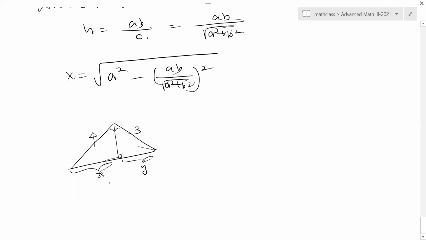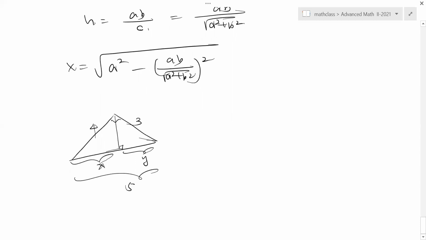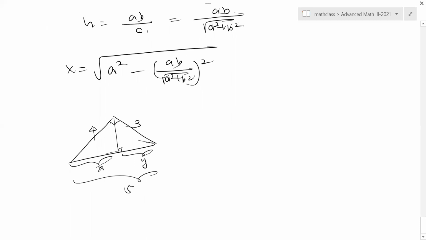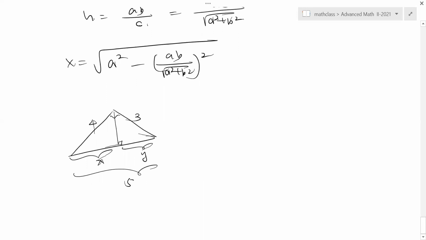So this side is 5 by the Pythagorean theorem, and then you use the area formula, right? The area is going to be half of 3 times 4, and it is also half of 5 times h.